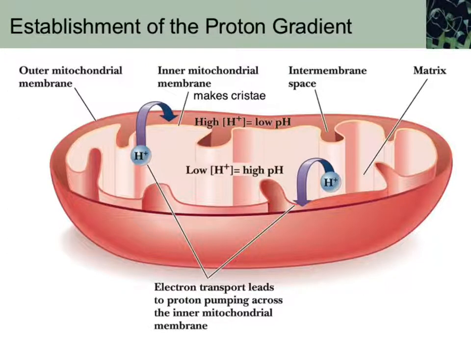So we generate our proton gradient, which means the inner membrane space becomes insanely acidic. We need that extra membrane because if we didn't have it, we'd be making our cells insanely acidic, and life as we know it would be significantly different.